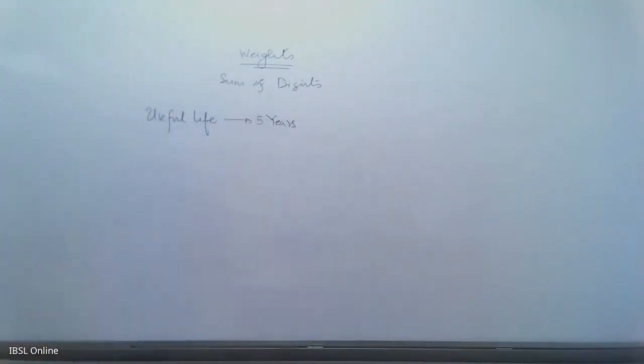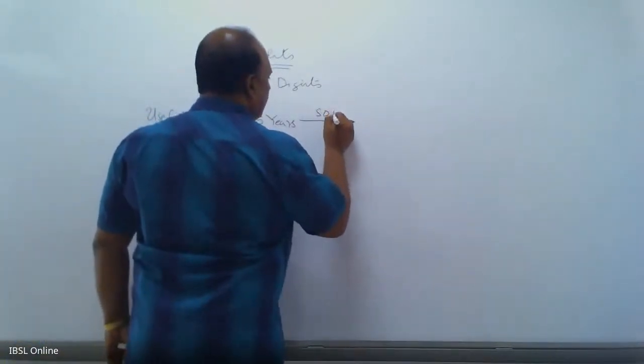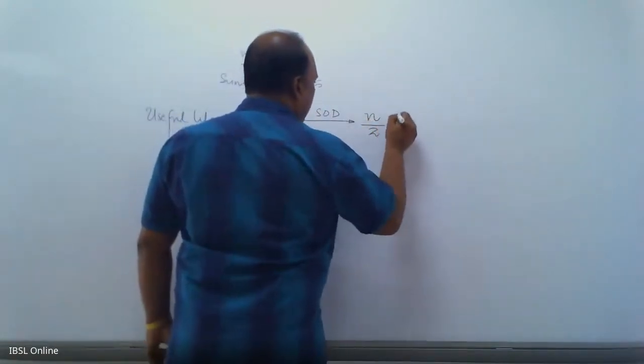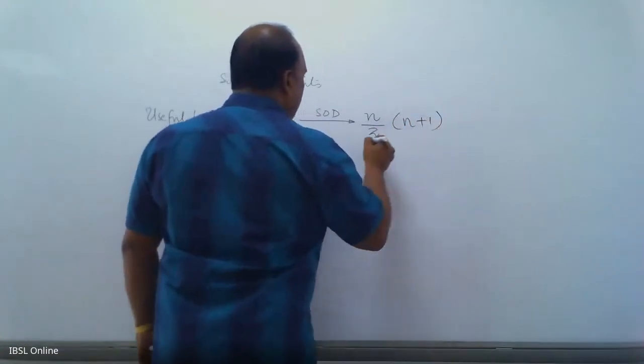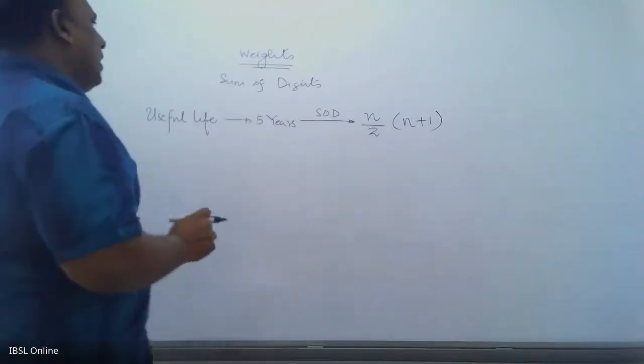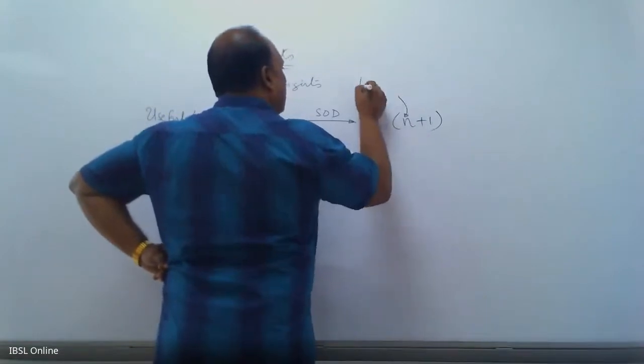Now for the 5-year period, we have to calculate the sum of digits. So what is the sum of digits? The sum of digits is calculated using this formula: n divided by 2, into n plus 1. What is this n here? The useful life.